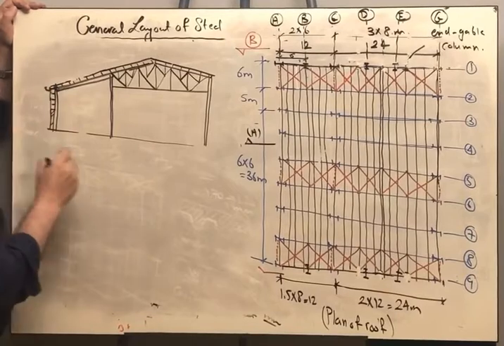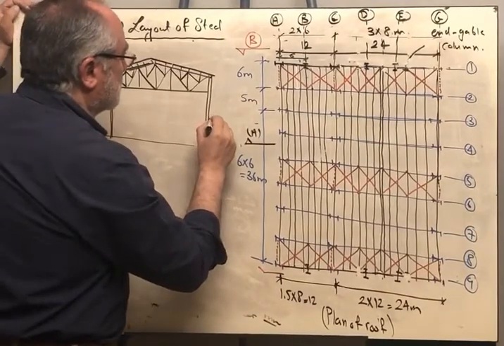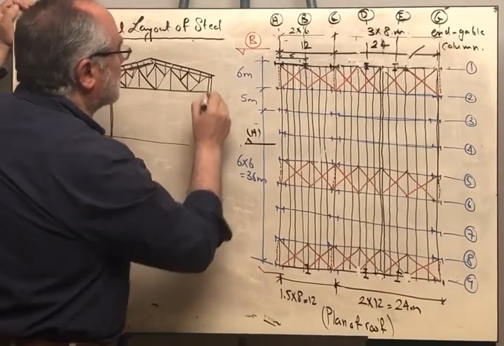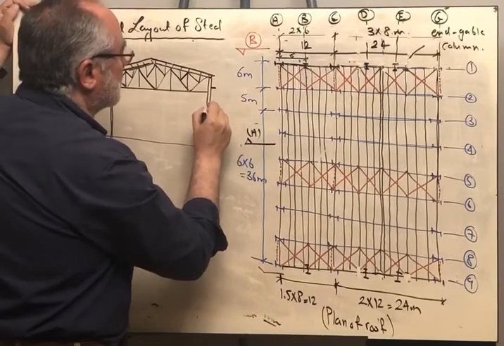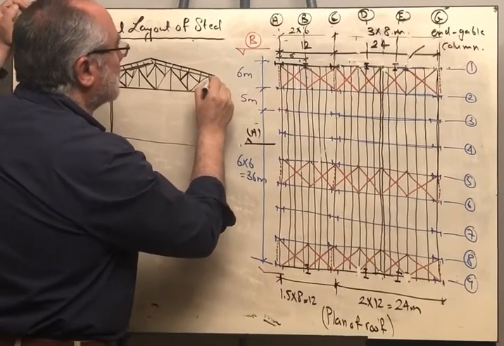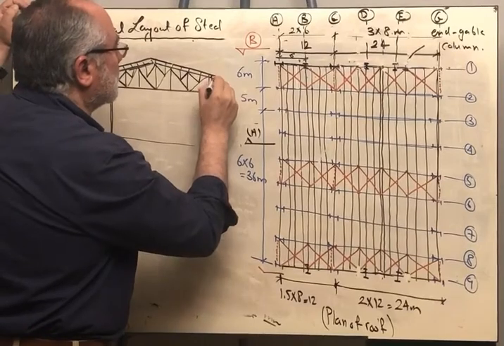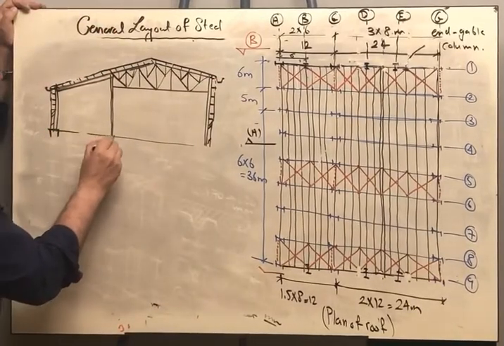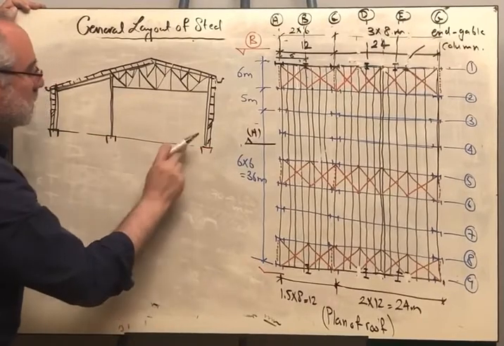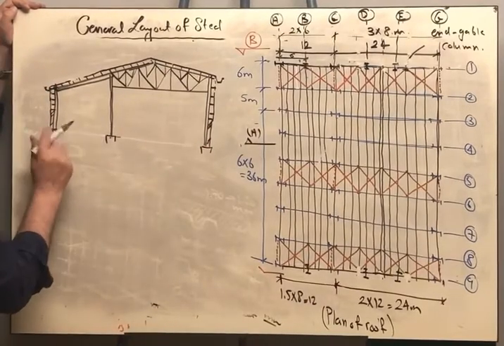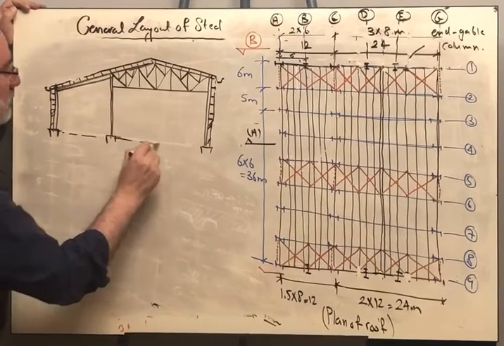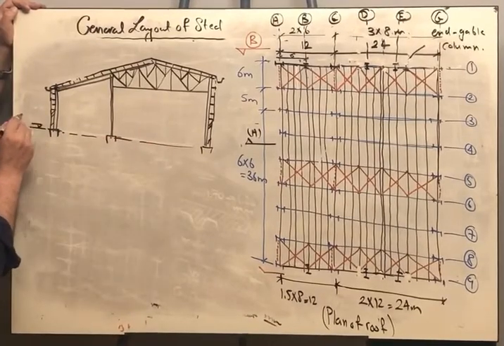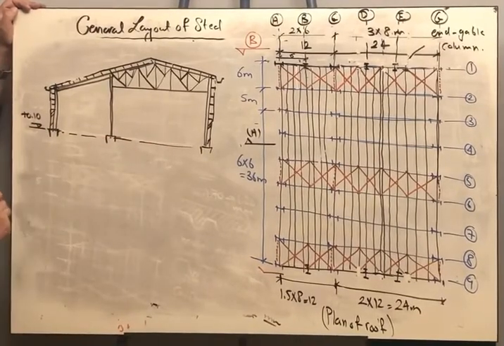And here we are having the rain gutter. Okay, and of course, these are the column pedestal. This is the 0 level, and this level is plus 0.1.